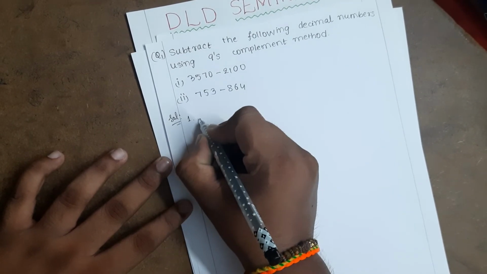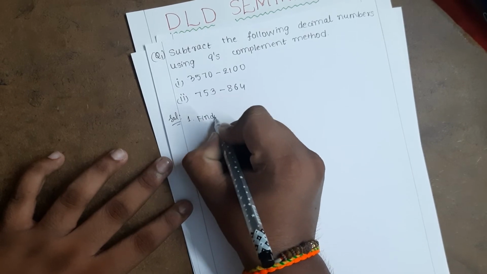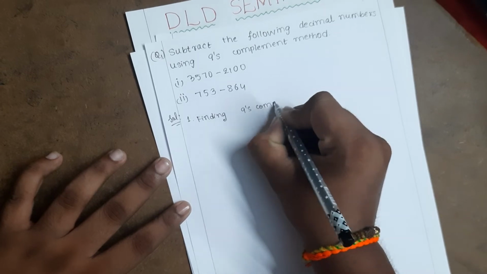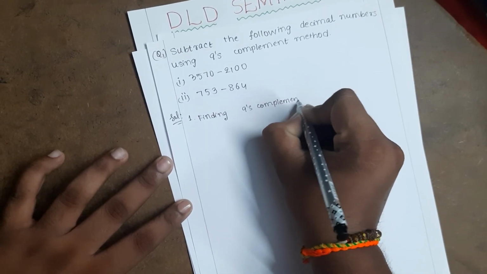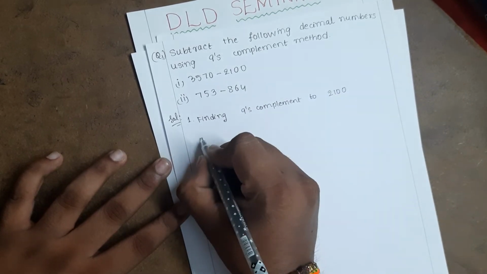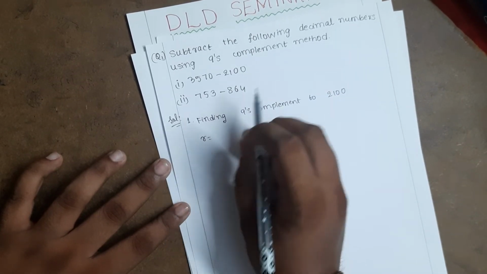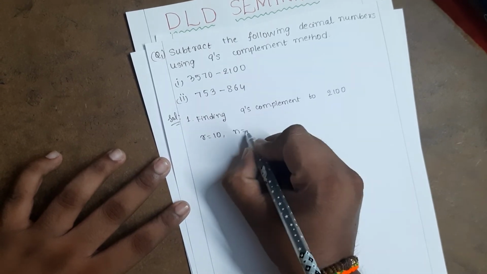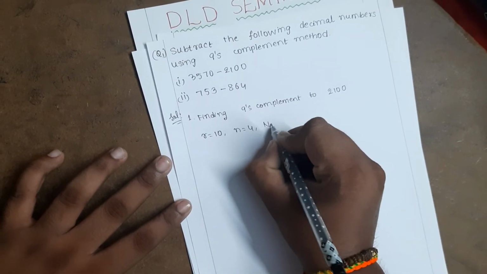First step, finding the 9's complement to 2100. Small r, as it is a decimal number, radix is 10, and small n is the number of digits, that is 4, and capital N is the number itself.